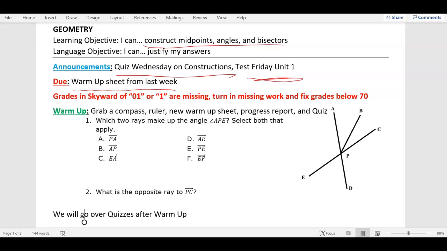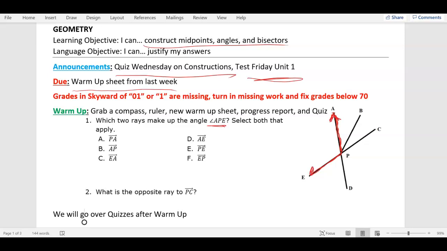Okay, now let's do this warm up. It says, which two rays make up angle APE? Does everyone see angle APE starts at A, it goes to P, it goes to E. So it's this angle right here, APE. And it says which two rays? Now, I know I don't see any arrowheads, but here's the deal. At A, it's going towards A forever.